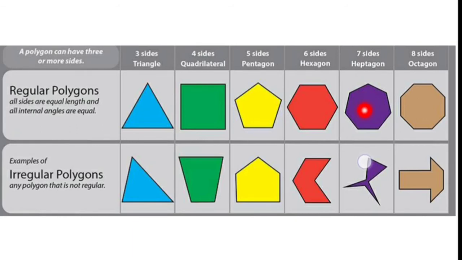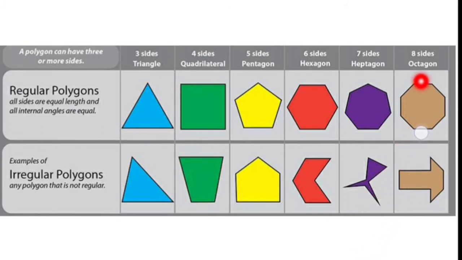And look, this is also a 7-sided figure. See, 1, 2, 3, 4, 5, 6 and 7. This is also a 7-sided closed figure, but it is not regular, it is irregular because all the 7 sides are of different length and they are not arranged properly either. So this is an irregular heptagon.